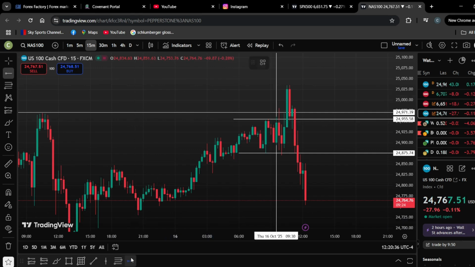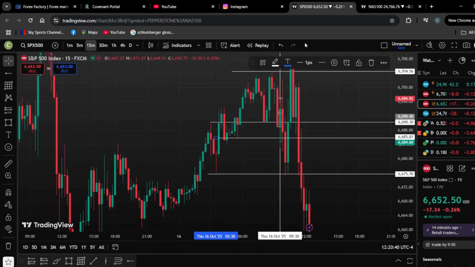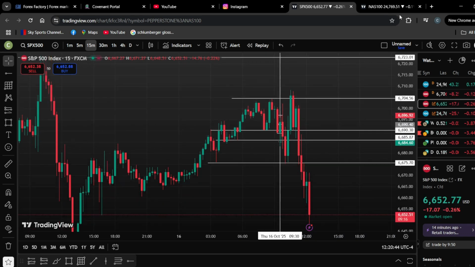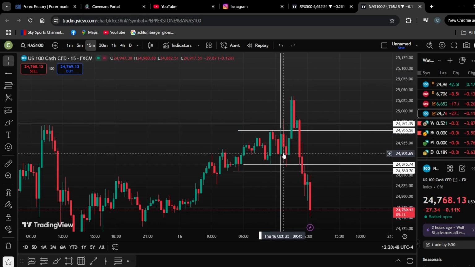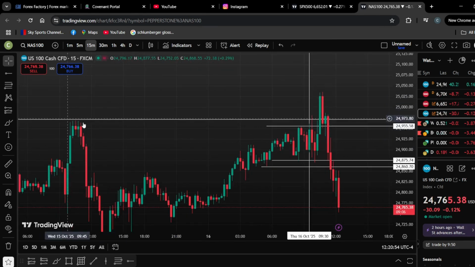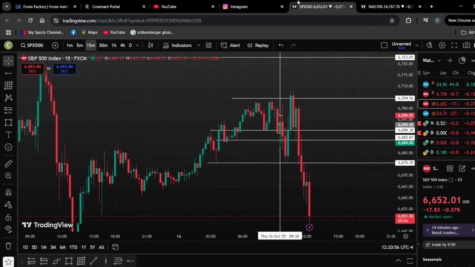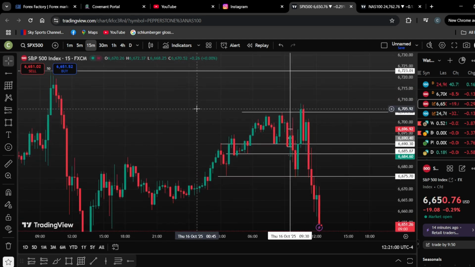We were nowhere close to the 15-minute low, which formed a bullish SMT. And when it happened, I put my stop loss to break even immediately. Then we went up and swept this 4 hour high, and we didn't sweep it on SPS, which formed another bearish SMT.